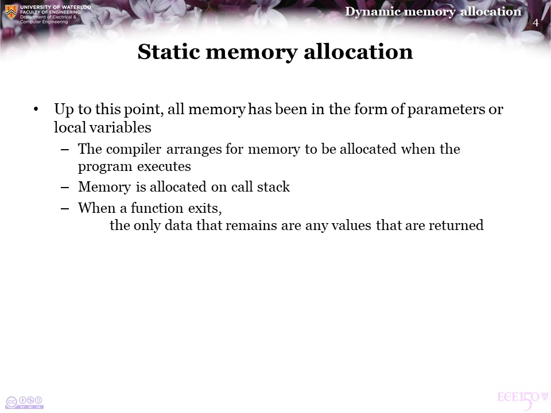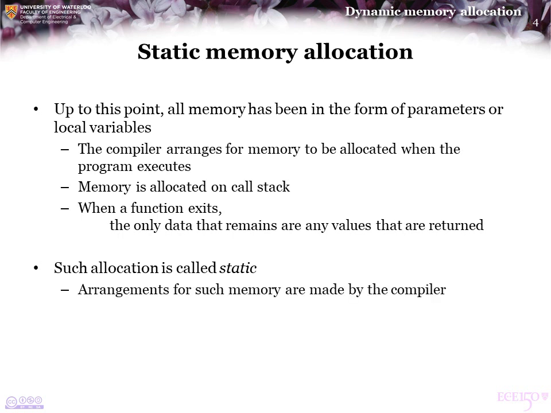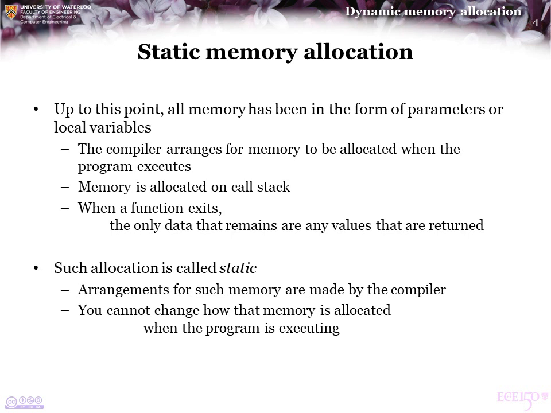When a function exits, the only data that remains are any values that are returned from that function. Now, such memory allocation is called static. This is because the arrangements for allocating any such memory are made by the compiler, and you cannot change how that memory is allocated while any program is executing.